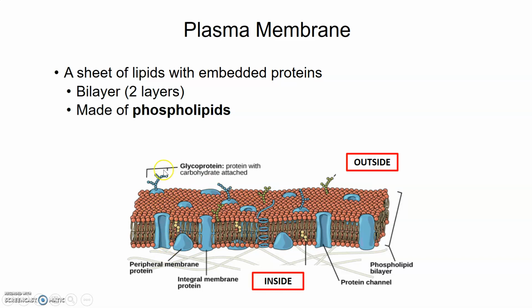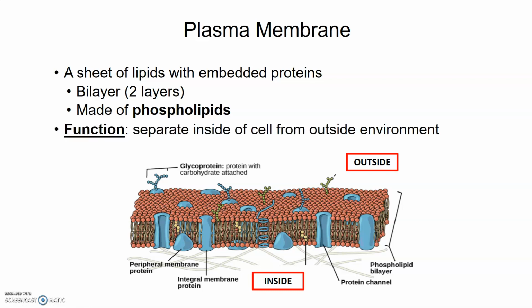Some of them have little sugars hanging off the edge. Those are involved in helping your body recognize which cells are part of your body and which cells are foreign invaders. And the types and structures of proteins that are embedded in the plasma membrane can vary depending on the type of cell as well.